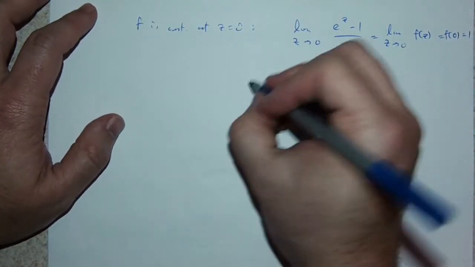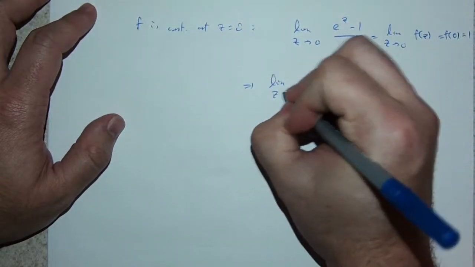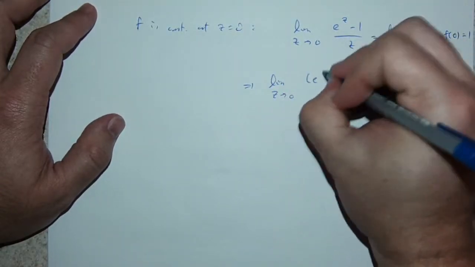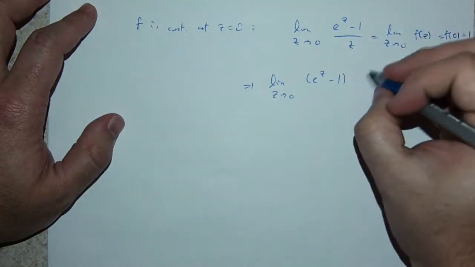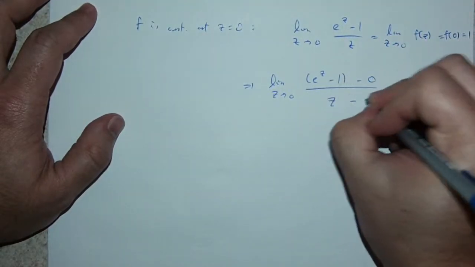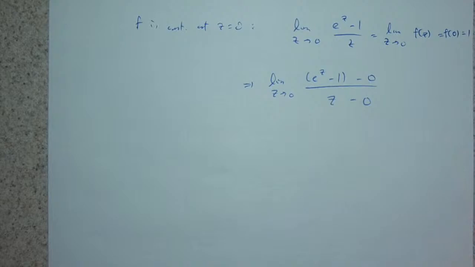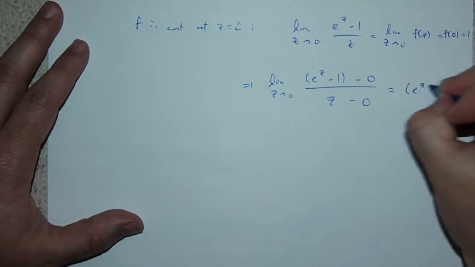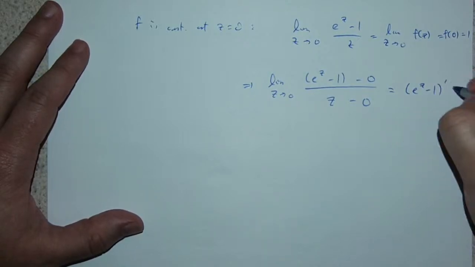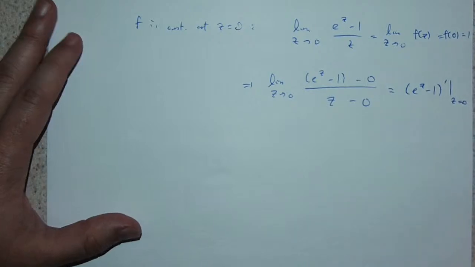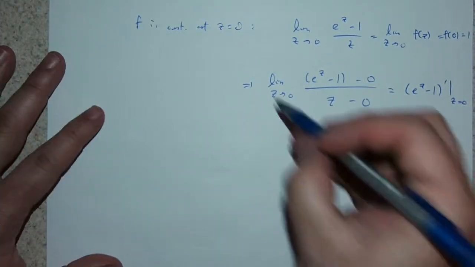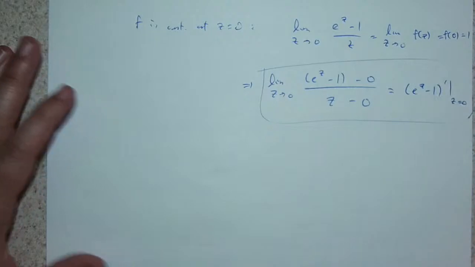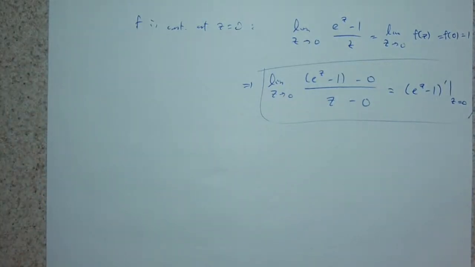But rewriting this, we can say what's the limit as z goes to 0 of e to the z minus 1 minus 0 over z minus 0? What is that? That's just the derivative. So this is equal to e to the z minus 1, prime, evaluated at z equals 0. So this thing exists. This is fine, right? So this is analytic at 0, so it's analytic everywhere. Okay, so it is an entire function.